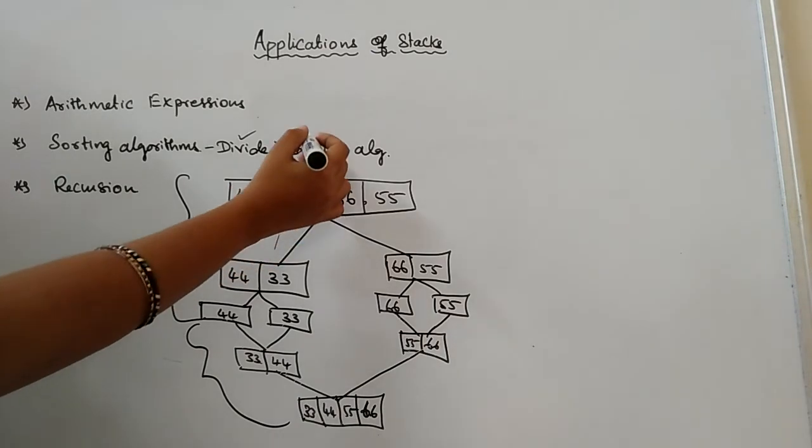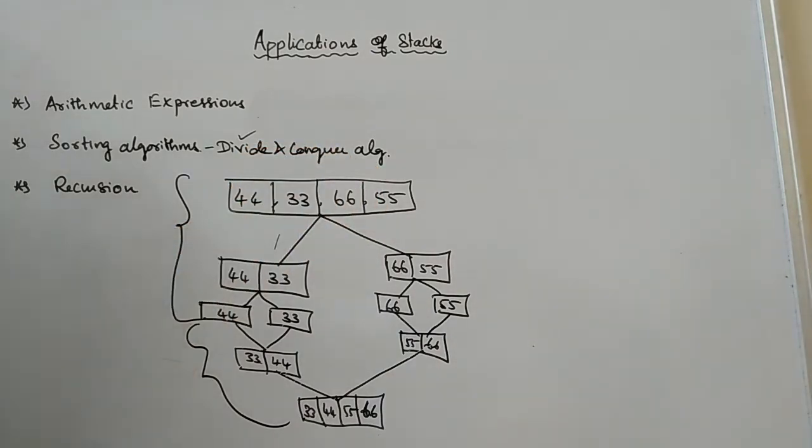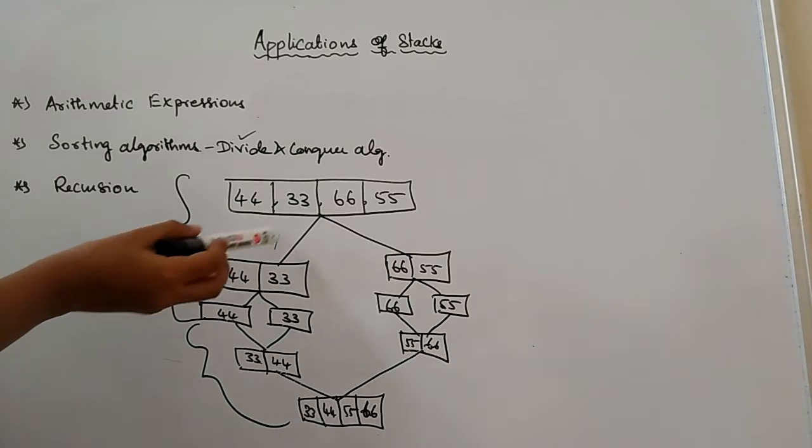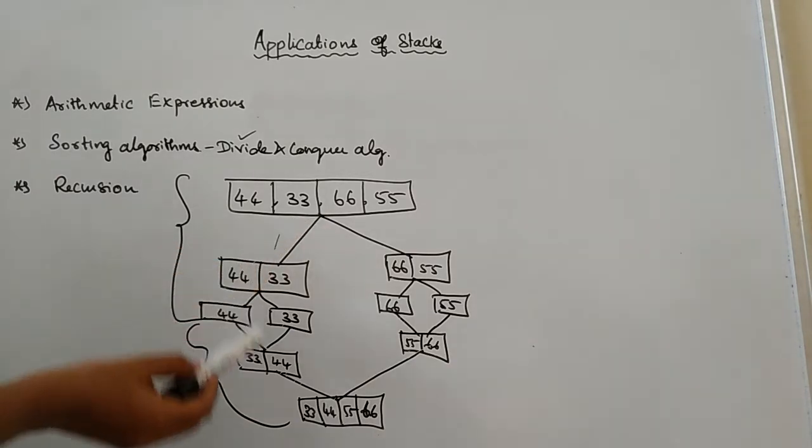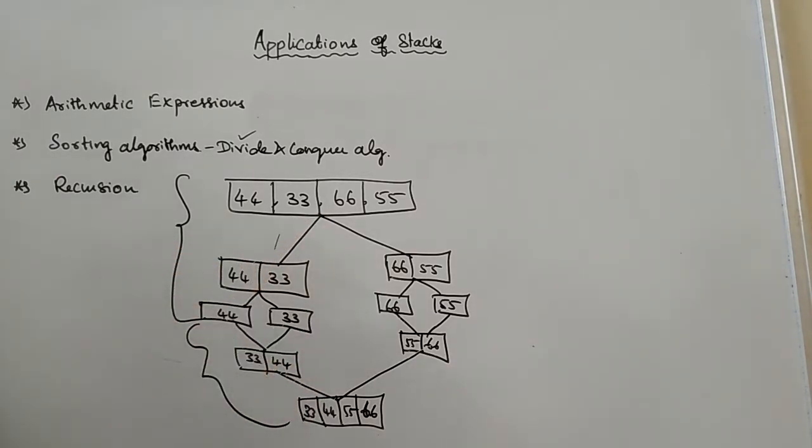That's why we call it divide and conquer. It means we perform the sorting operations by means of this fragmenting and joining process. That's why we call this methodology a divide and conquer algorithm.